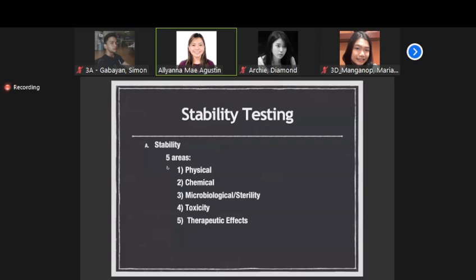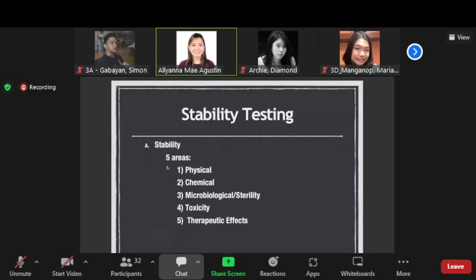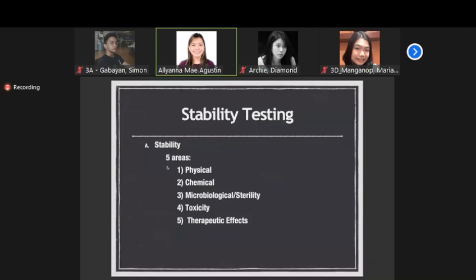Hindi ba siya nag-iba ng kulay, nag-iba ng lasa, nag-iba ng physical properties, and also chemical properties? Hindi ba siya nag-form ng precipitate, hindi ba siya nag-cloudy mixture? Then microbiological or sterility: nag-grow ba siya ng bacteria or presence of endotoxin, presence of viable microorganisms?